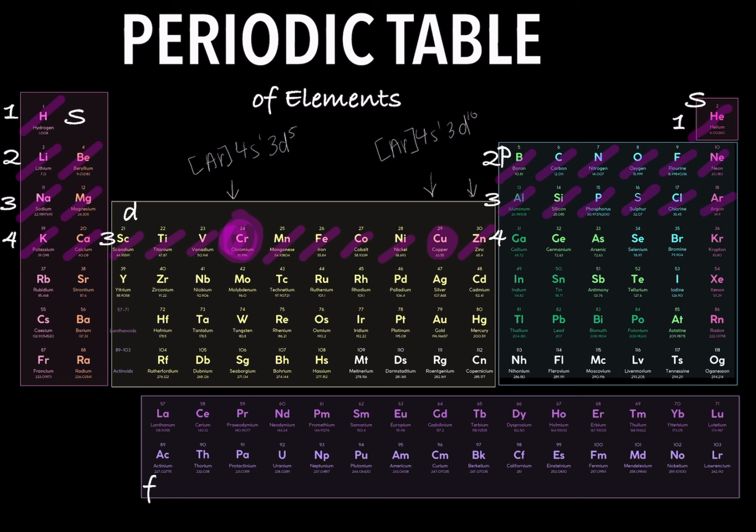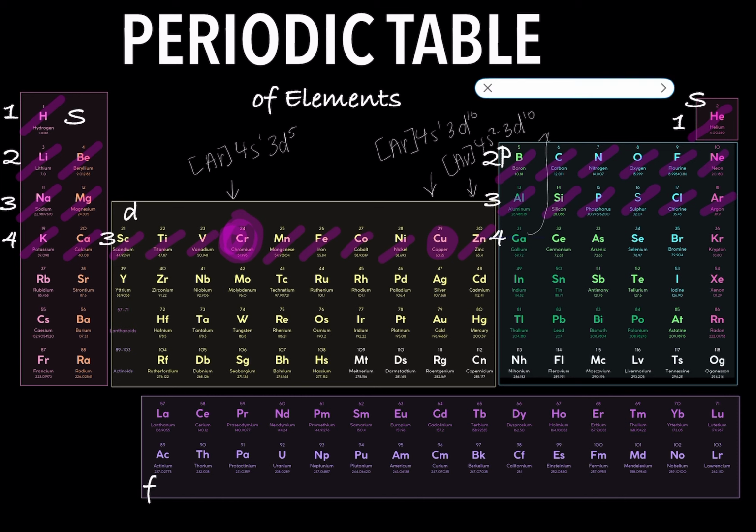And then your zinc, the way that you're going to know that it's different is because you're going to have, again, your argon, 4s2, 3d10. And then you continue your configuration and you're going to go back. Let's do gallium now.